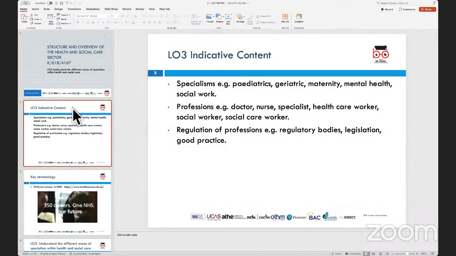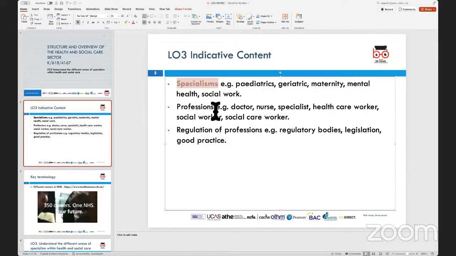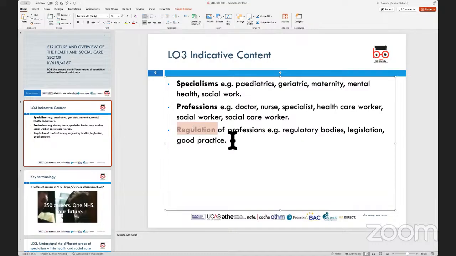So if I look at the indicative content given in the unit specification, we are looking at specialisms, which is 3.1. Then we are looking at professions within those specialisms, and then the regulatory bodies which set out rules and regulations related to some of these professions.